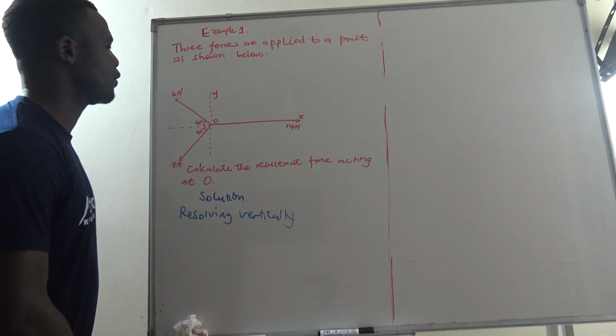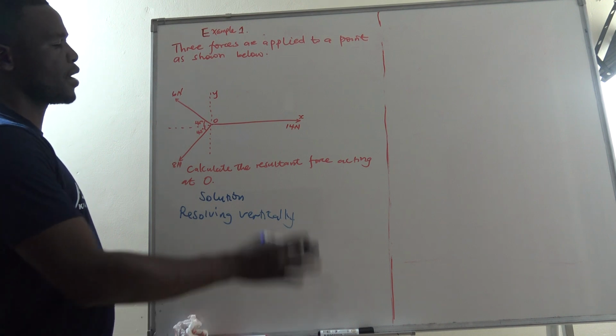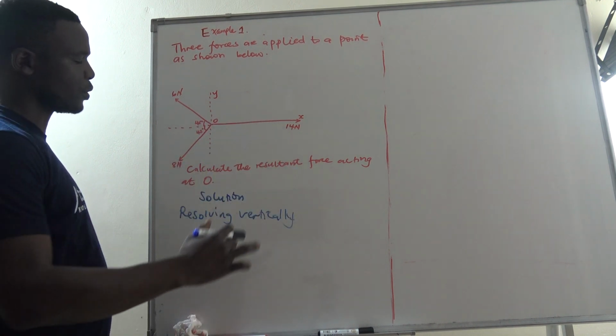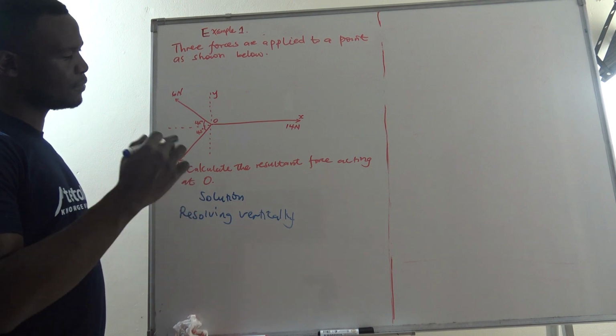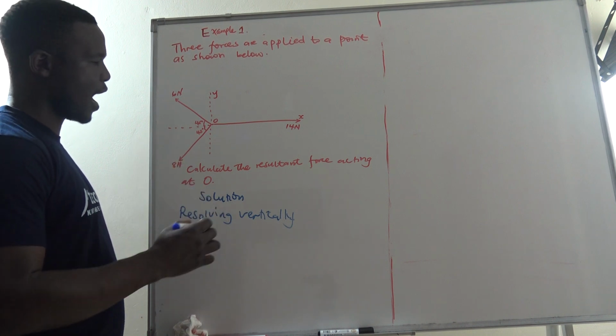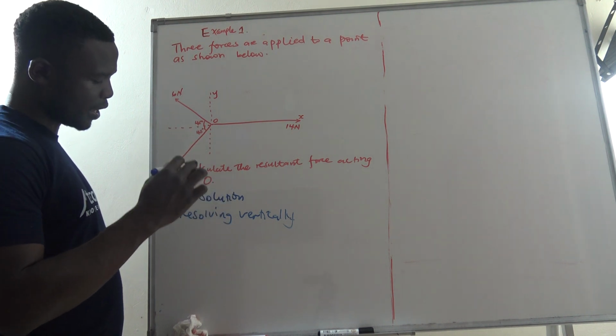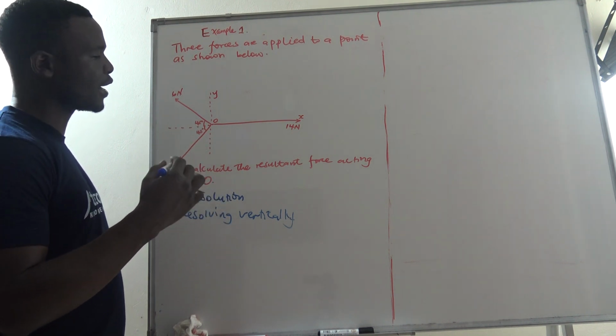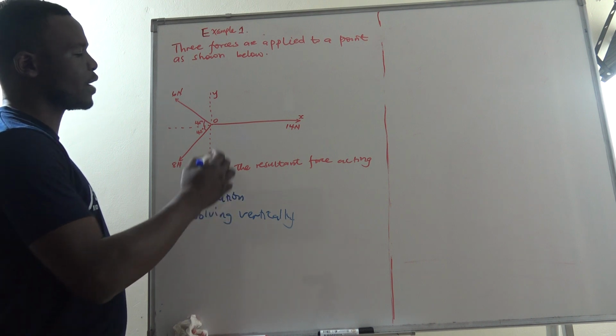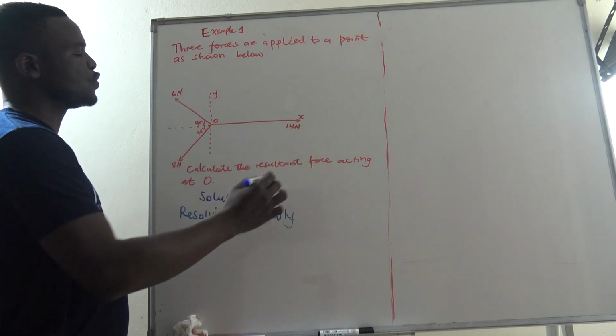Now we have three forces that are acting. We have a force of 14 that is horizontal, and that force has no vertical component, meaning its component in the vertical direction is 0. In other words, sine 0 is 0.